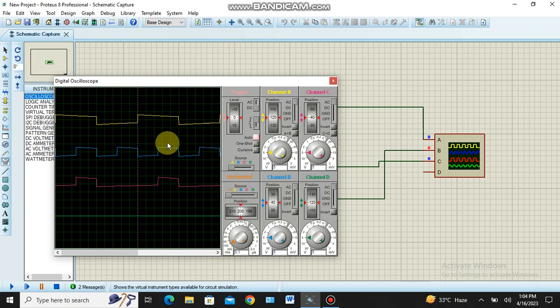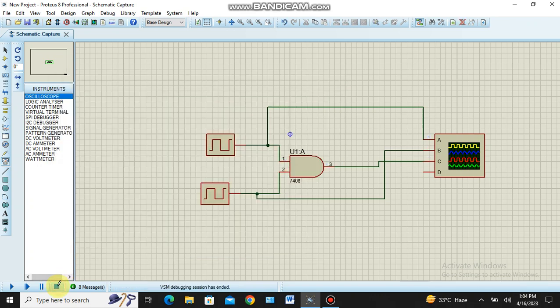Here both the inputs are in high state, logic 1, so the output will be 1. Only wherever both inputs are high, the output is 1. In this short duration only, both the inputs are high, so the output gets 1. Here also the same. In the rest of the region, any one of the inputs is 0, so the output goes to low level. Now we have verified the truth table of the AND gate.